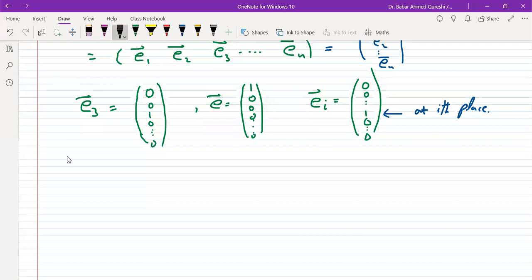So for square matrices, I'm going to define an inverse.